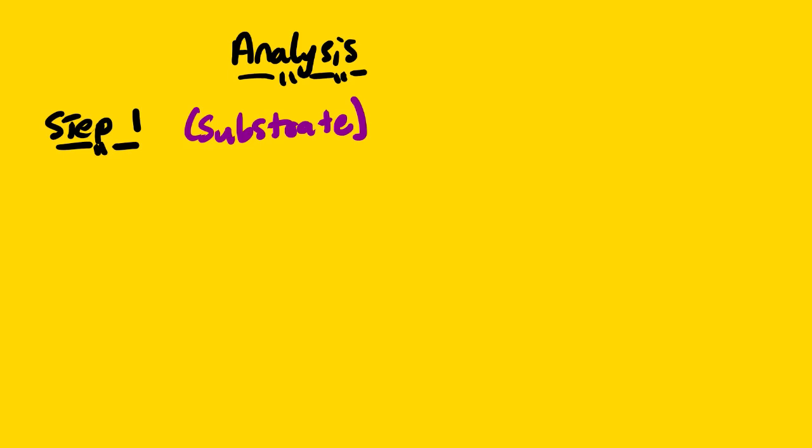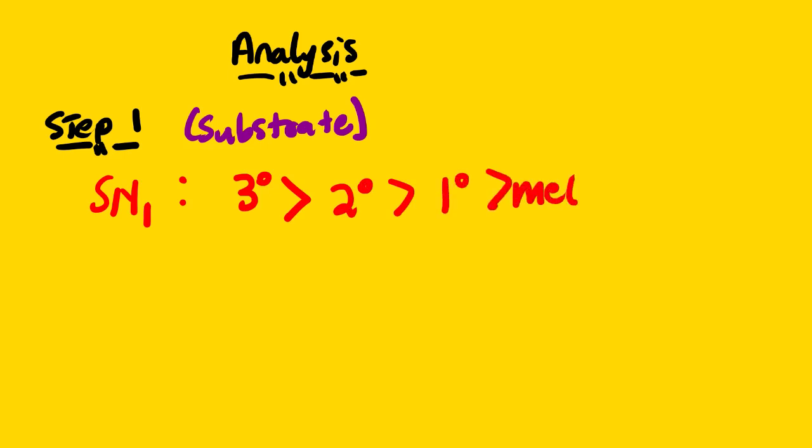And you should remember the trend of SN1. It trends like this: we have a tertiary alkyl halide, a secondary alkyl halide, a primary alkyl halide, and then our methyl halides.